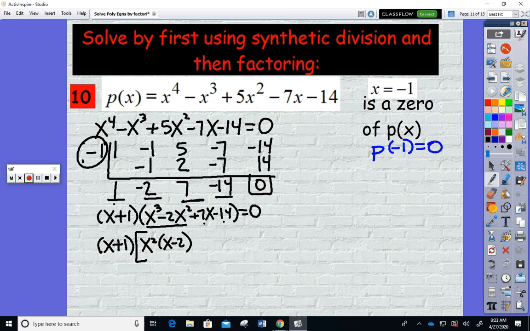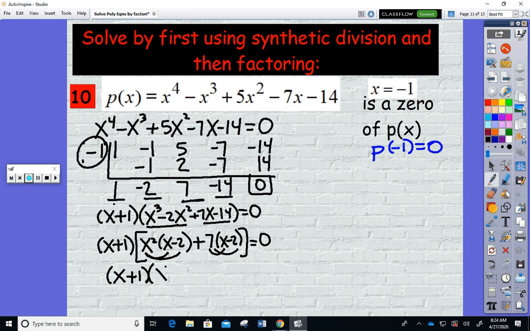Double check that. That would be x cubed, check, minus 2x squared, check. Bring the plus sign in the middle down. On this, I see 7 should factor out, and it should be x minus 2 if grouping's working. 7x, check, minus 14, check. So this thing groups the way I want it to.